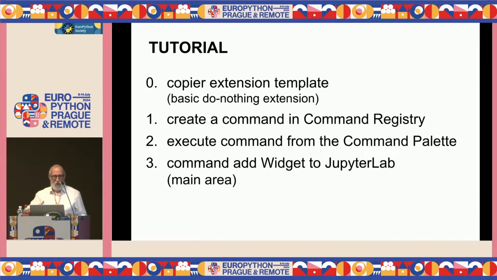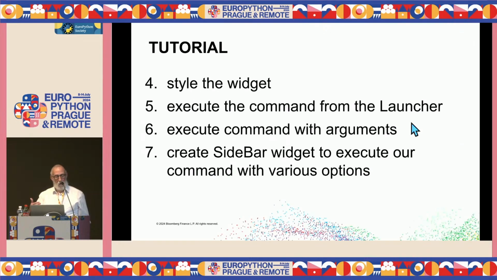So now, just quickly, to go through the steps that I broke up the tutorial into. In step 0, we're going to create a basic do-nothing extension from a template. Then we'll modify that extension to actually put a command in the command registry. Then we'll see how we can execute that command from the command palette. Modify the command to create a widget on the screen. Style that widget.